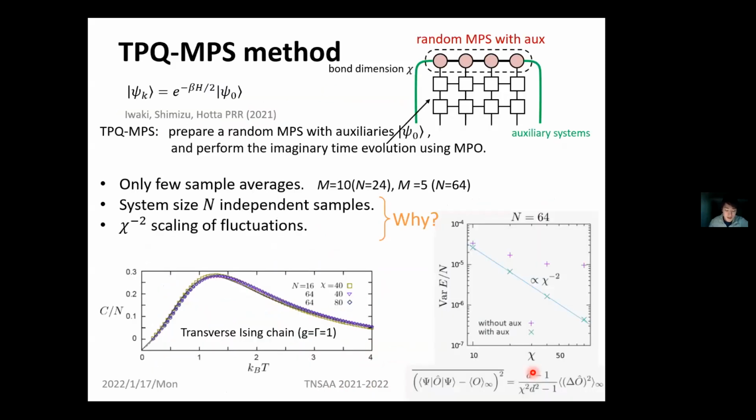Let us explain the typical MPS in a bit more detail. The typical MPS method is a random sampling starting from a random MPS with auxiliaries. This initial random state already has a large entanglement, and after the imaginary time evolution, it generates thermal states using only a few samples.